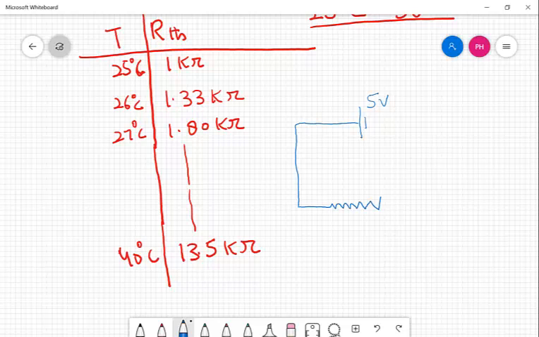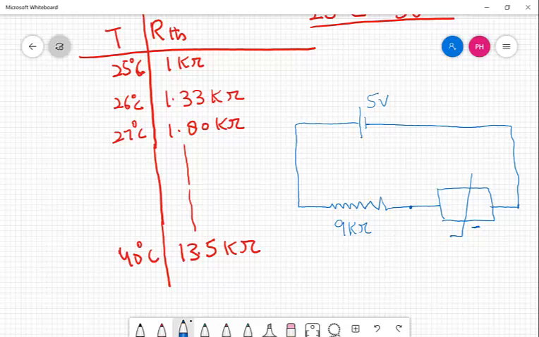We have a fixed 9 kilo ohm resistor, and then we have our thermistor. With changing temperature, the resistance of this thermistor will change, and accordingly the voltage at this point will also change. Let me call this voltage VTH.